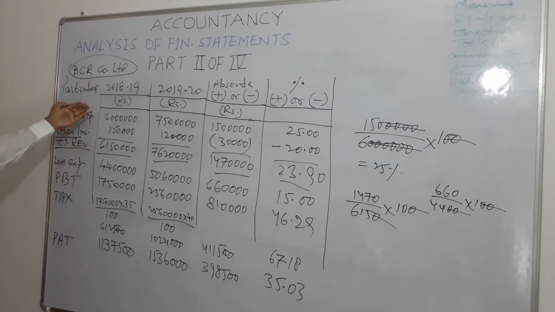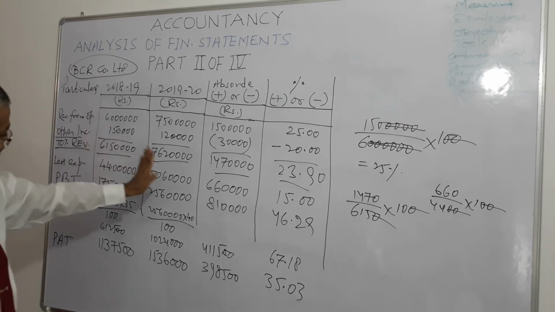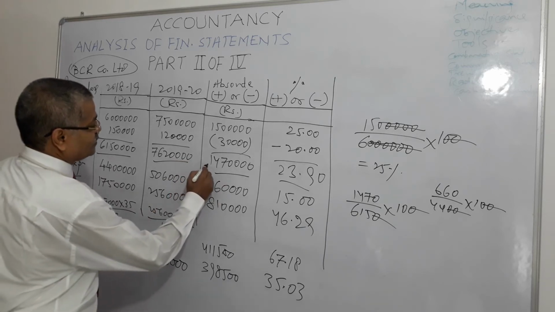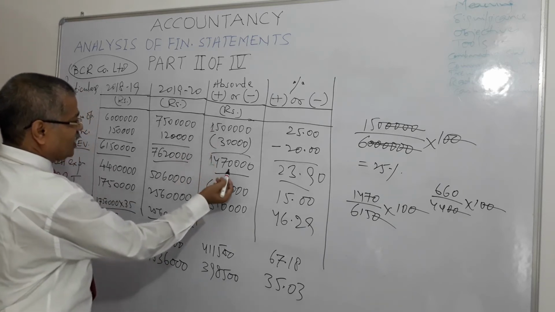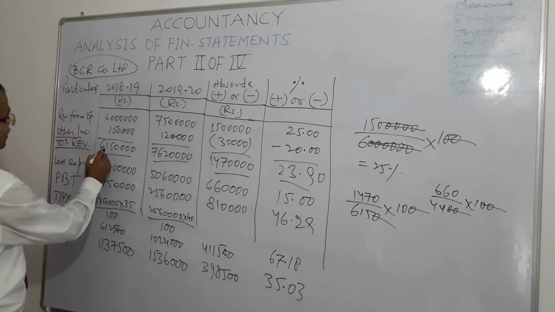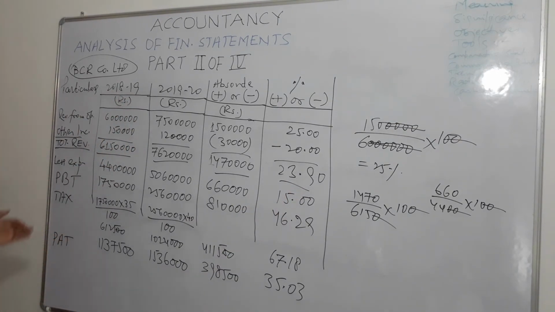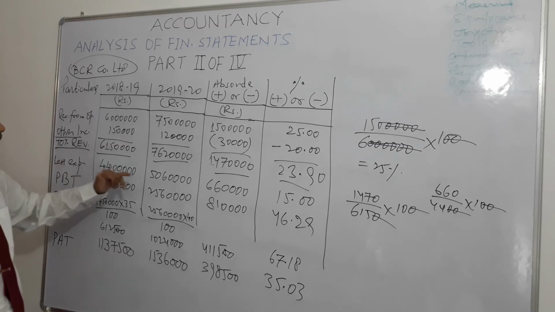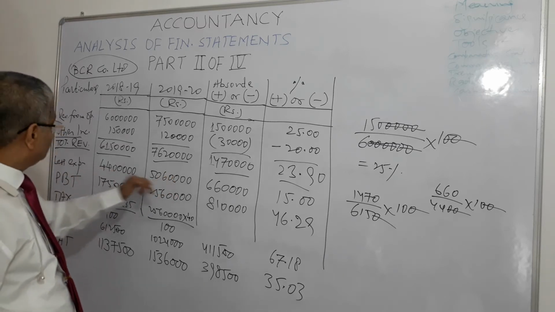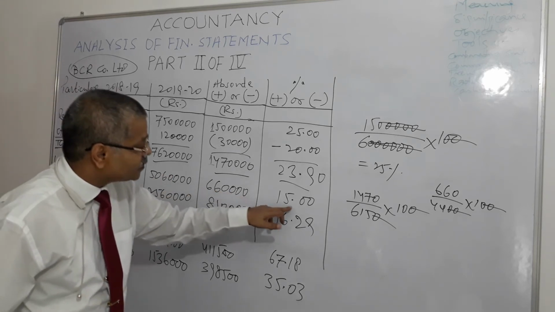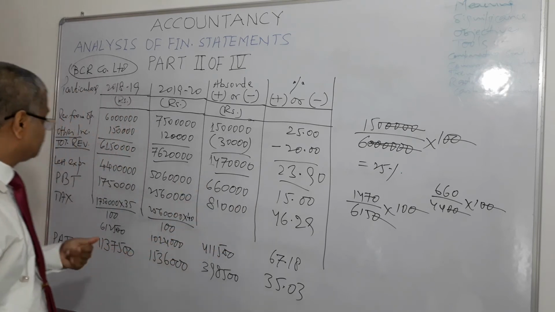Total revenue is revenue from operations plus other income, 6150. It increased to 7620. So the absolute increase is 14,70,000, and 14,70,000 as a percentage of 61,50,000 comes to 23.90%. Less expenses. Now we need to deduct expenses. Expenses are 44 lakhs and then next year 50,60,000. So expenses have increased by 6,60,000 in absolute terms and 15% as a percentage.